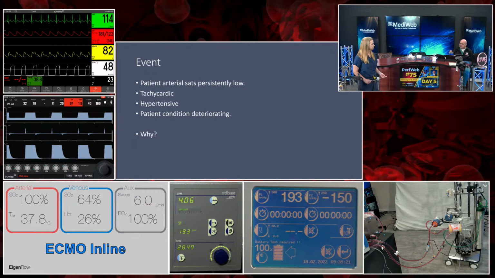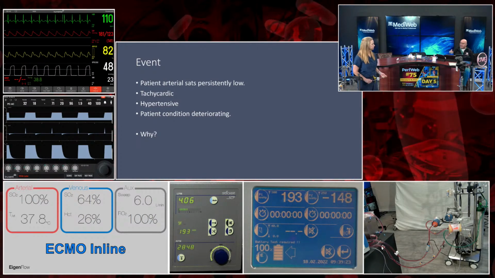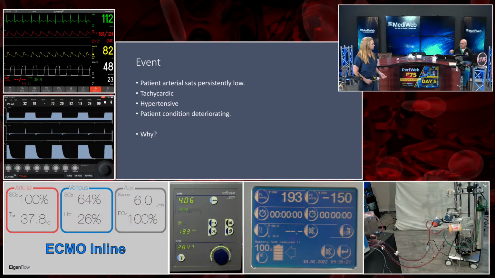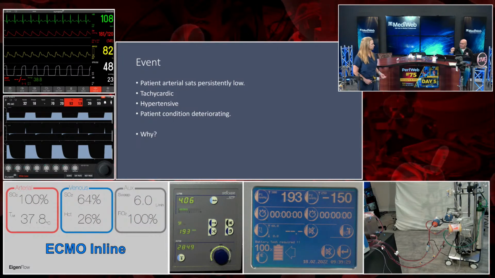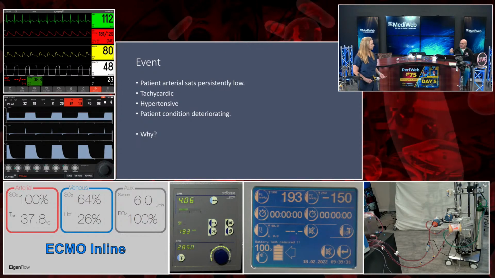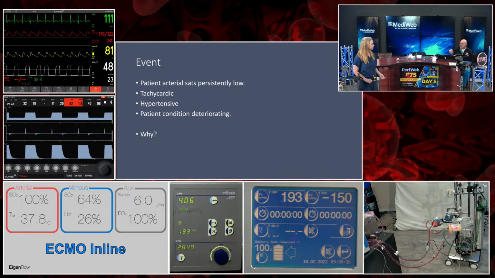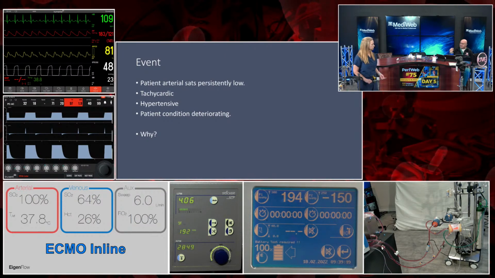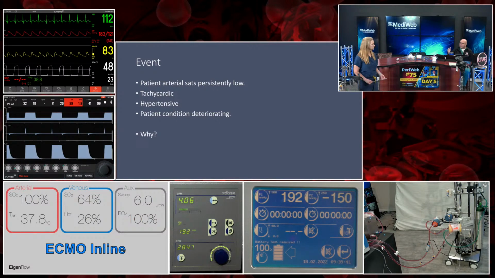But anytime that you see a higher temperature of the patient versus the temperature of your arterial outlet on your ECMO circuit, it should make you wonder, is there a fever going on here that I am masking? It's very much like CRRT.